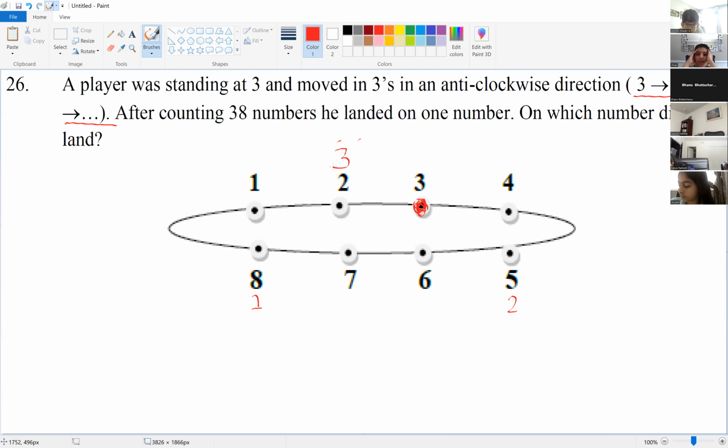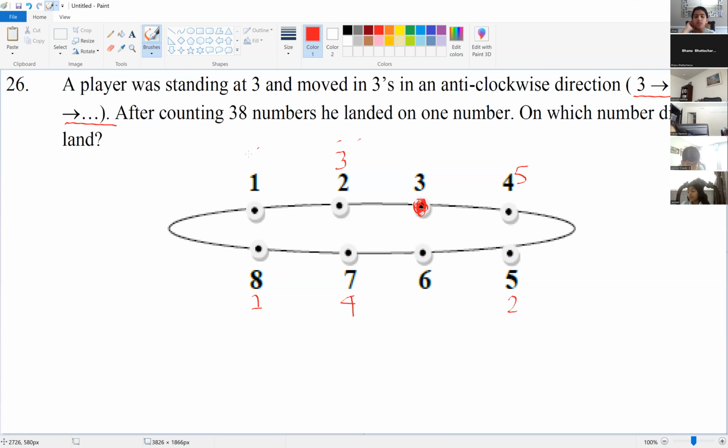And next? 7. What number you'll land next, Arjun? 4. Next number? 1. Then this one would be 7. And this will be 8.